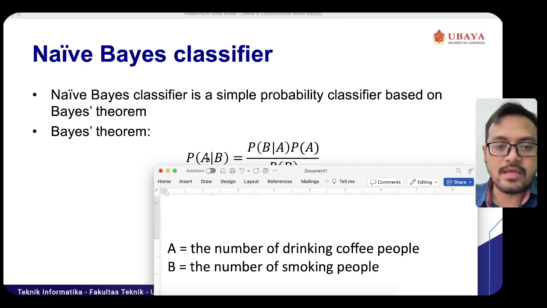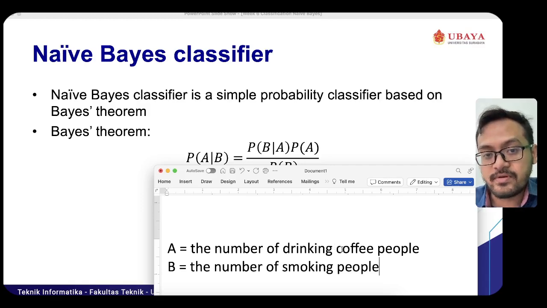So the probability of A given B means that if we have the number of smoking people, we calculate the probability that inside the smoking people, those people are also drinking coffee.